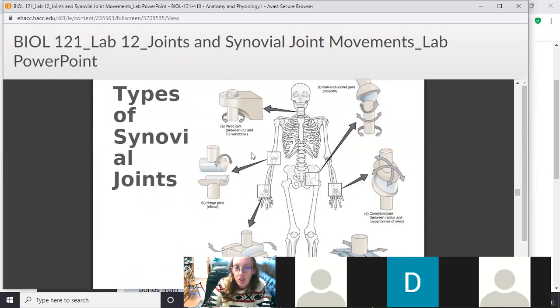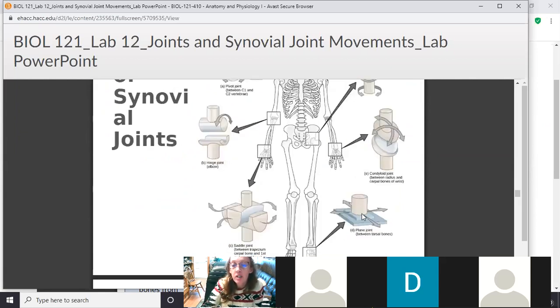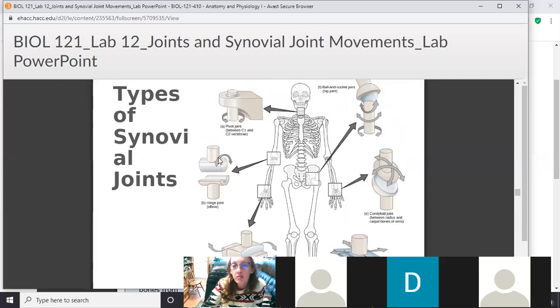Types of synovial joints: the pivot, the ball and socket, the condyloid joint, the plane joints, the saddle joints, the hinge joints.